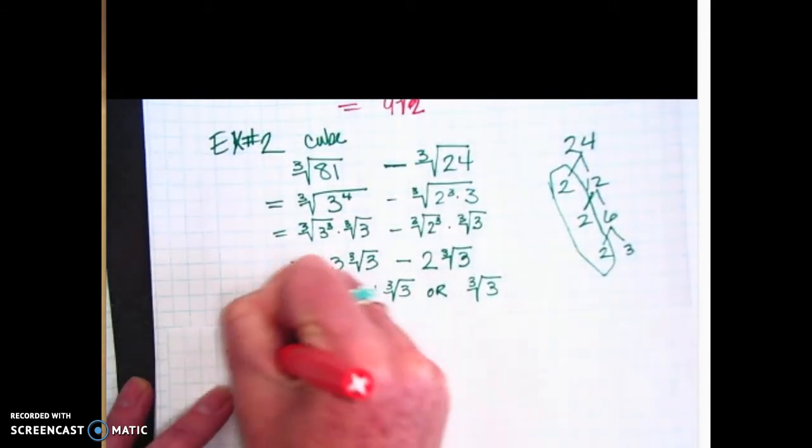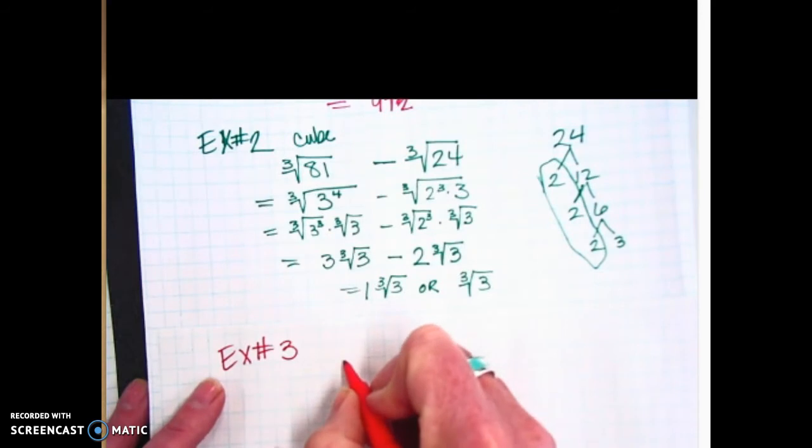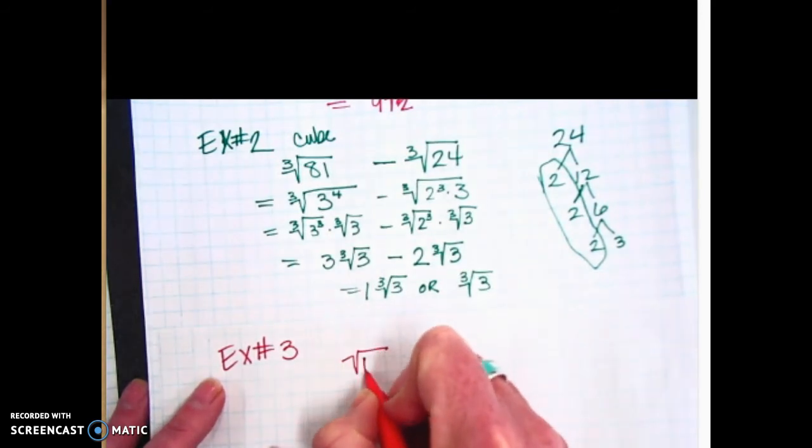Example number 3. And this one's just one of the trickier ones because it has a denominator.